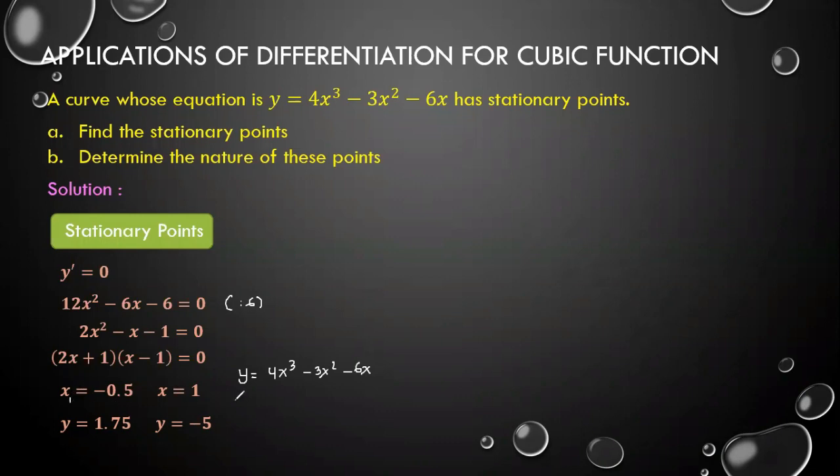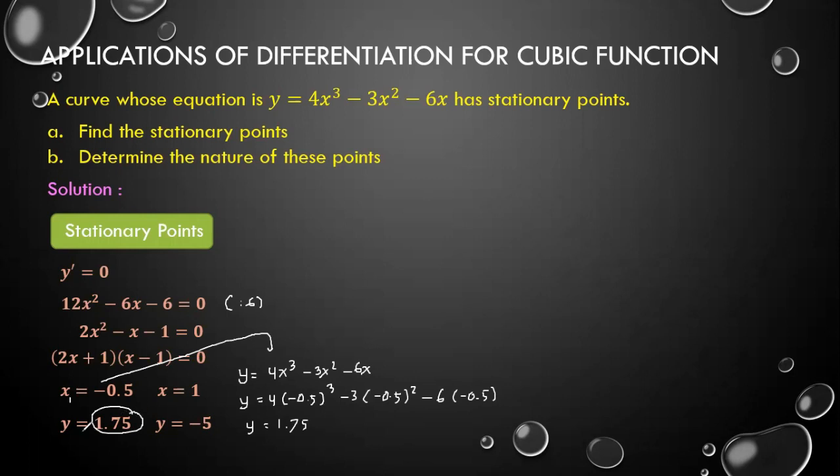When x1 is minus 0.5, you can insert it for x. So y equals 4 times (minus 0.5) to the power of 3 minus 3 times (minus 0.5) squared minus 6 times (minus 0.5). You'll find that y equals 1.75. So this is the answer. We call this one y1.